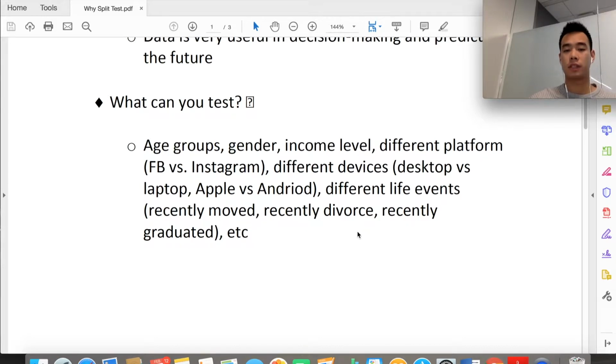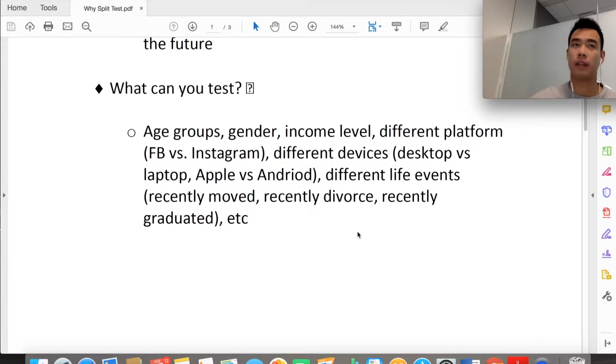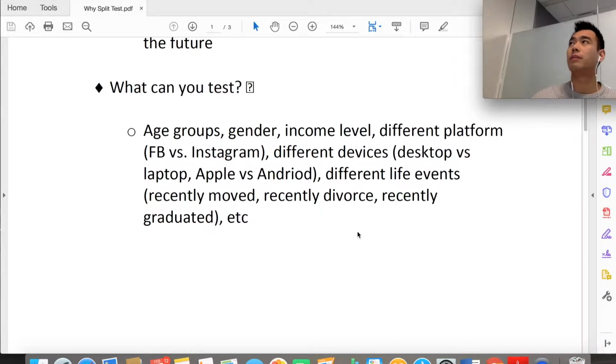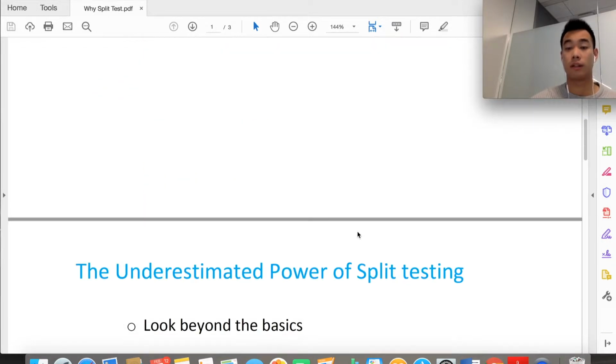You can split test different life events. If they recently moved or recently divorced, sometimes even recently graduated or have a boyfriend that has a birthday within the next 7 days. You can do that, and it sounds a little creepy how Facebook knows all those things, but it's just the way it works with data, and it's favorable to us digital marketers, so we're not going to complain about it.